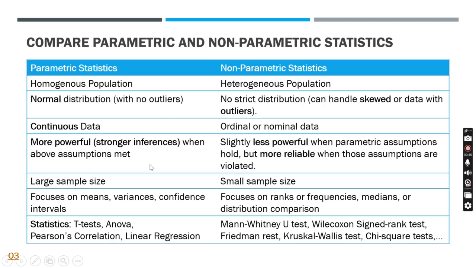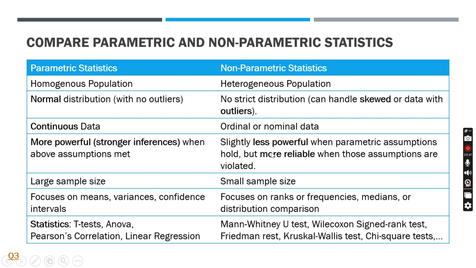But when the data is normally distributed and continuous, it will be more powerful. And also it has a good benefit that it is better to use with a large population, okay?